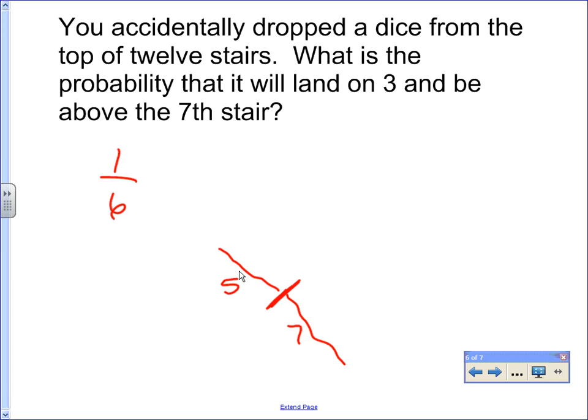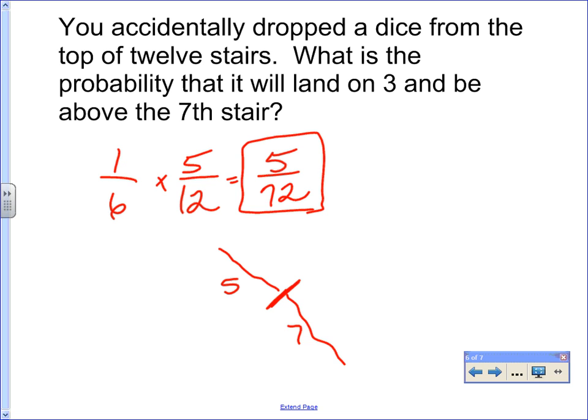Well, there's 5 above the bottom 7. So there's 5 steps that we want it to land on, and there's 12 total steps. So now I'm going to do 1 times 5 is 5, and 6 times 12 is 72. And I don't think I can simplify that, so I'm all done.